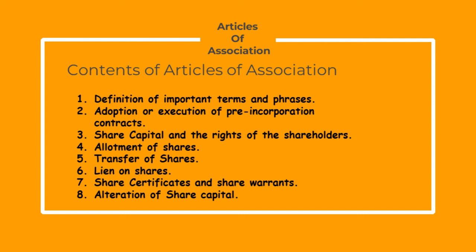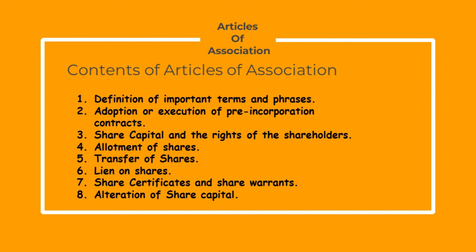So these are the limits within which you can alter the articles of association. And lastly, the alteration must be made in good faith and for the benefit of the company as a whole. You can alter the articles of association, but it should be made in good faith and for the benefit of the company as a whole.